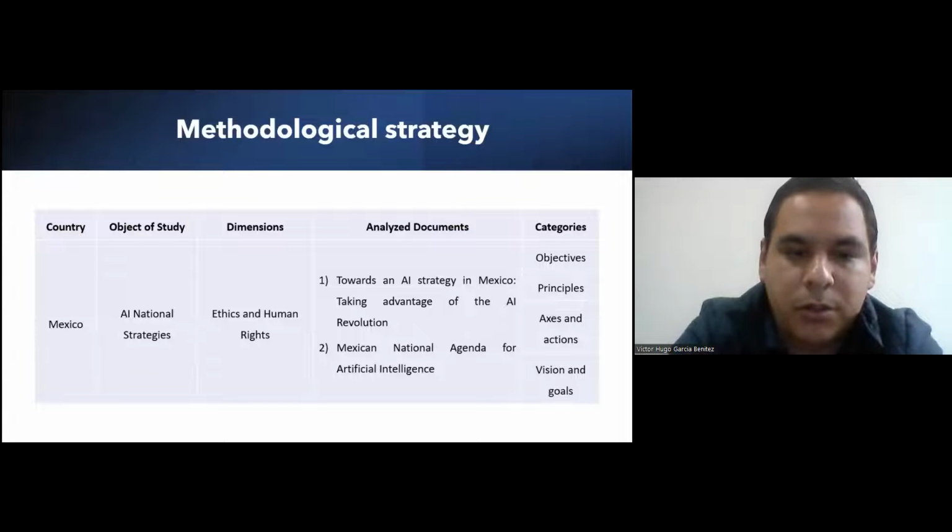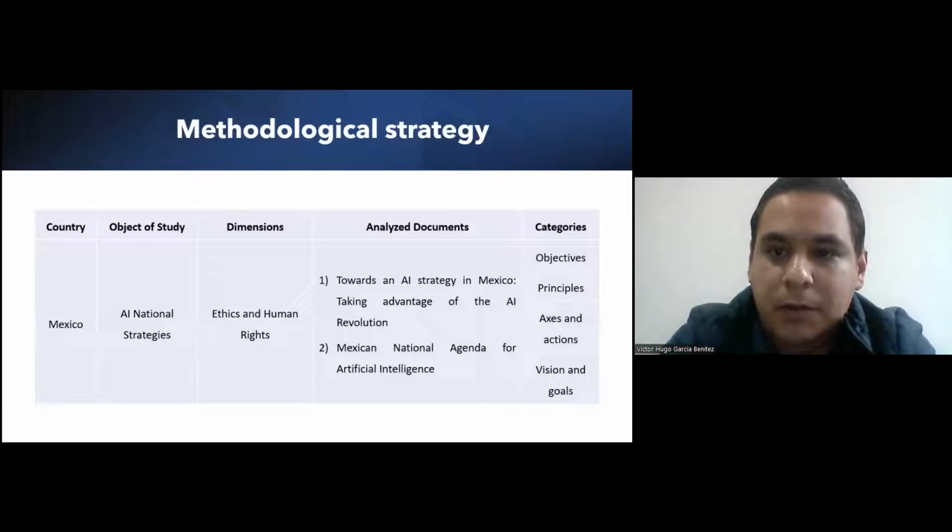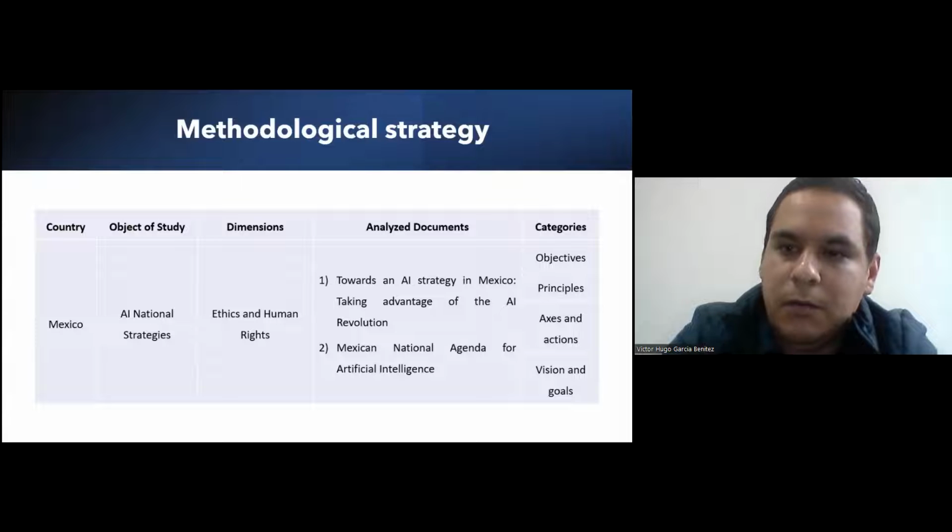And the second document is the Mexican National Agenda for Artificial Intelligence. That document was prepared by an organization made up of different experts in the field of artificial intelligence that belong to different public and private organizations.